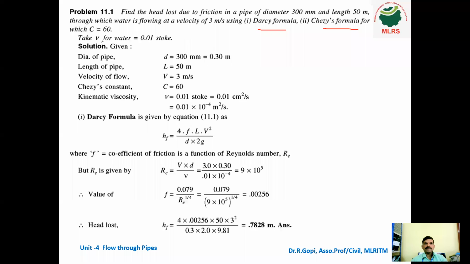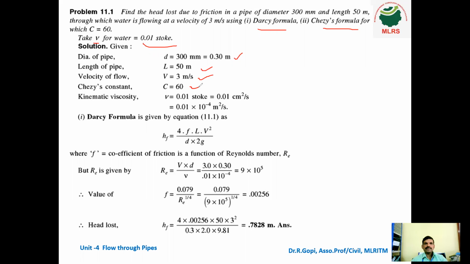Next, nu, the kinematic viscosity of water, is equal to 0.01 stoke. This is the nu value. Now first write the data given. The diameter of the pipe D is equal to 0.3 meter, the length L is equal to 50 meter, and the velocity of flow V is equal to 3 meter per second.